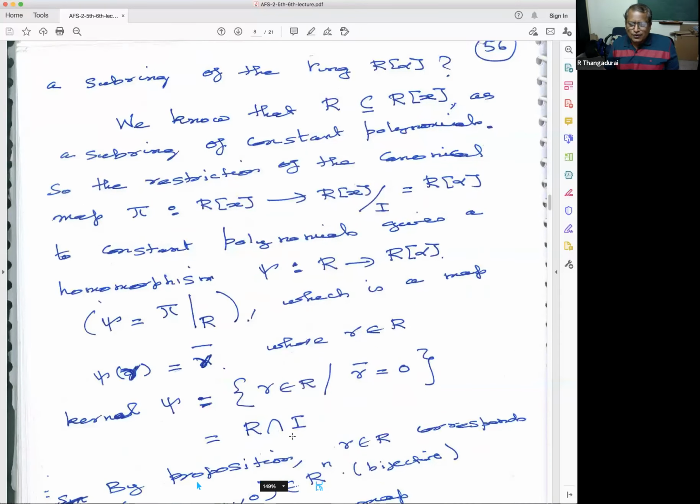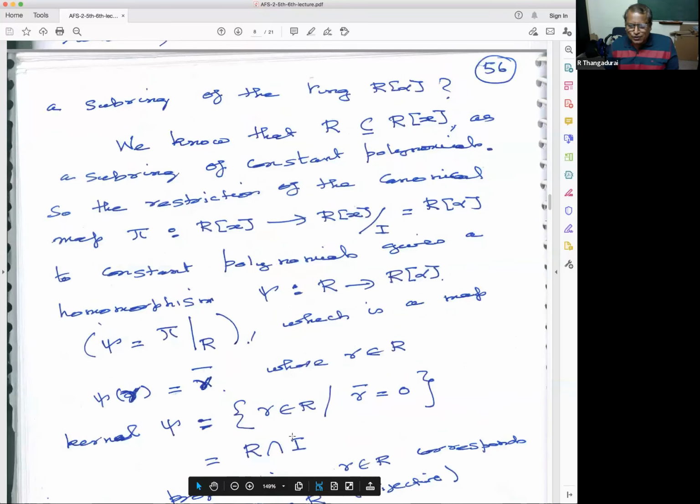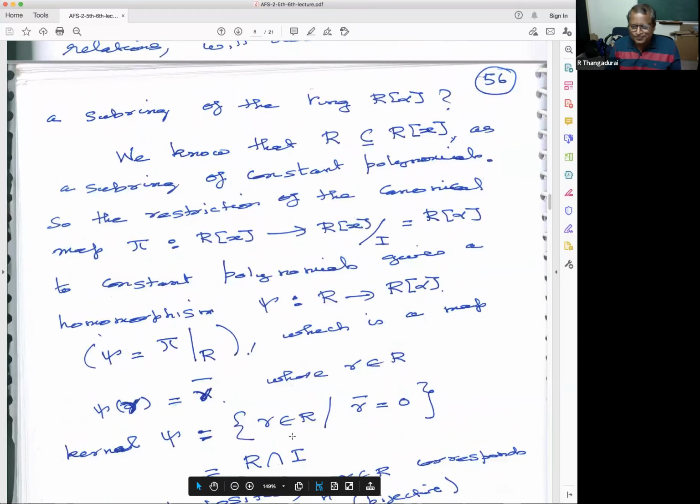Then whether it is really 0. The constant is 0. So what happens? R bar is 0 means what?